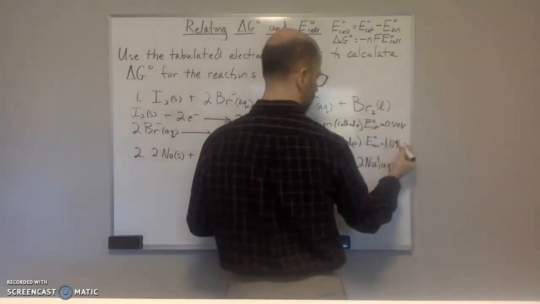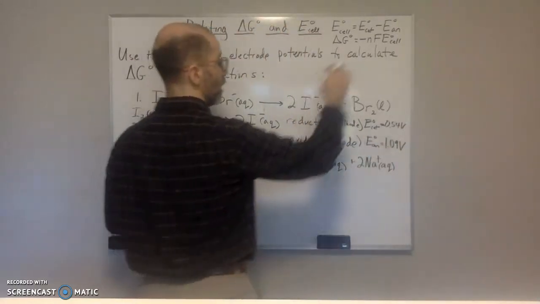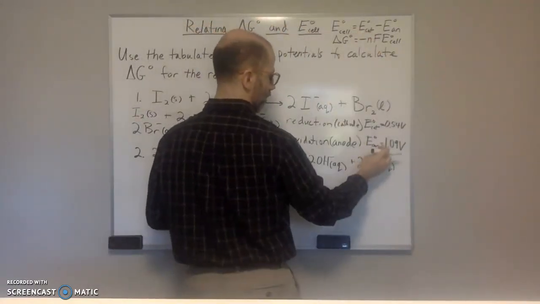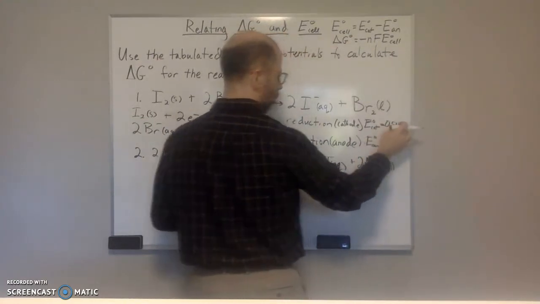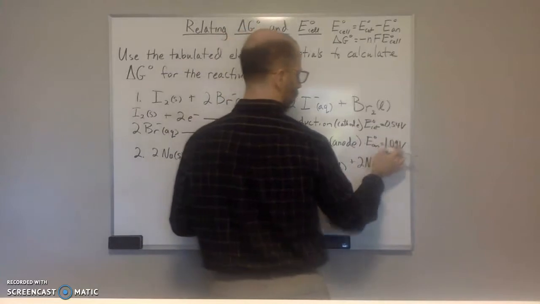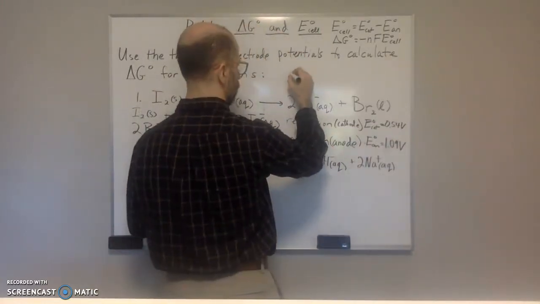So we take the cathode, 0.54 volts, minus 1.09.